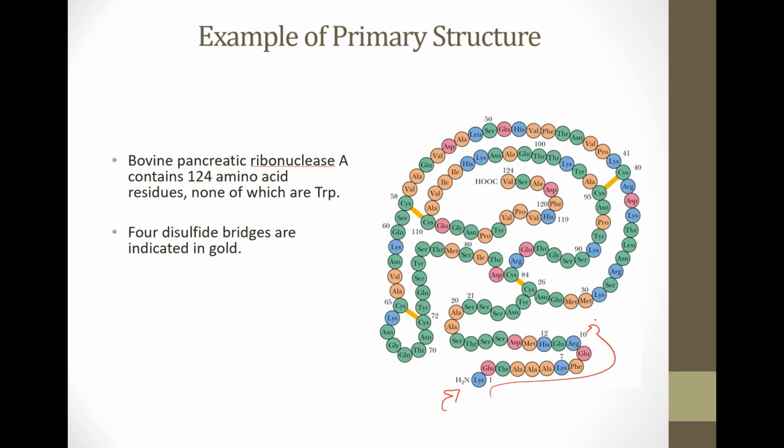If we were to disentangle this entire structure and just jumble it into a different structure, the primary organization of the amino acids wouldn't be altered.